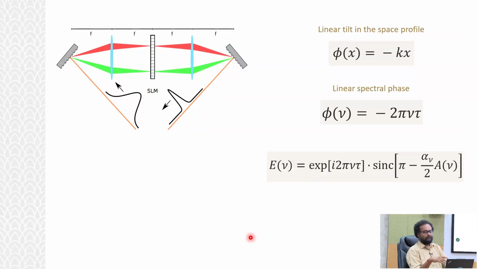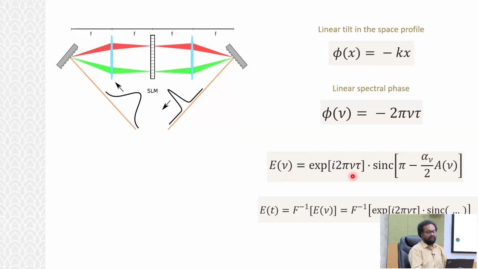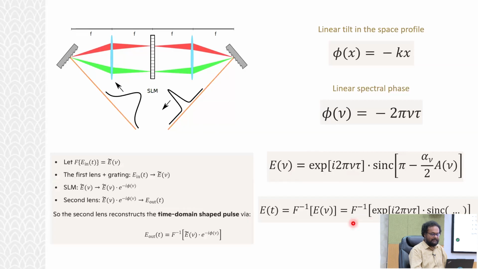Now if I write it in terms of my electric field, then this is my phase here. That is my phase that I apply, e to the power i 2 pi nu tau, is the phase that I apply to the electric field profile. And if I convert it to time, what I get out is actually a field which has been delayed by a certain time tau, right?